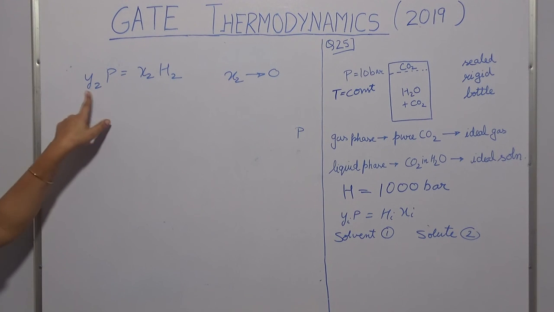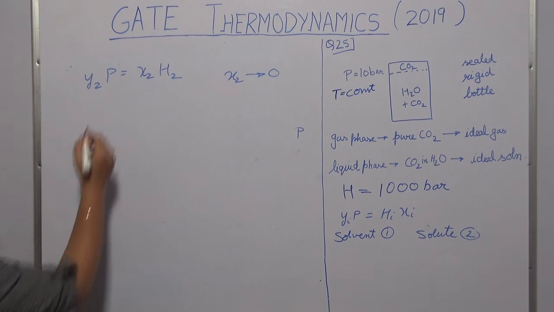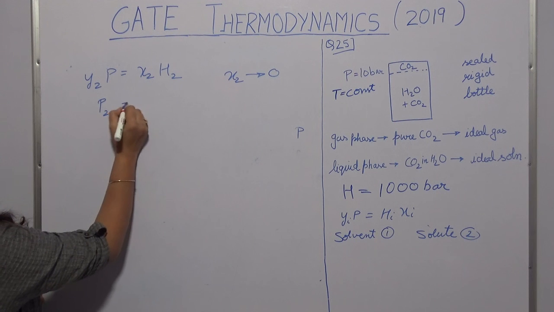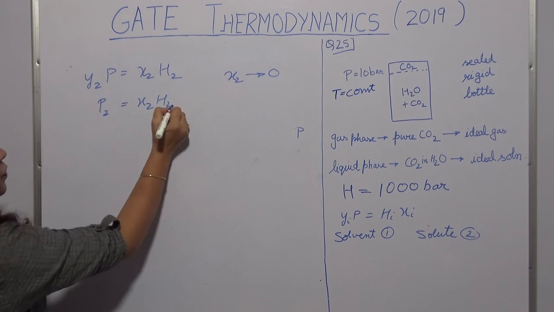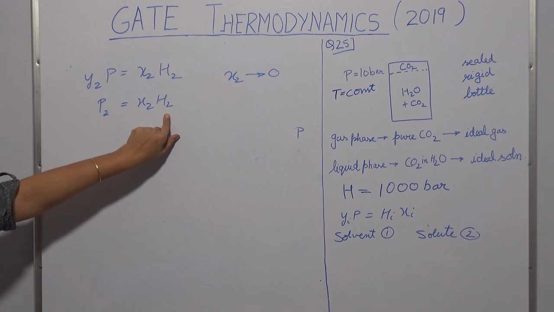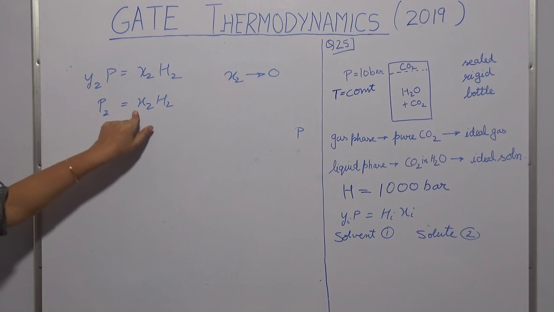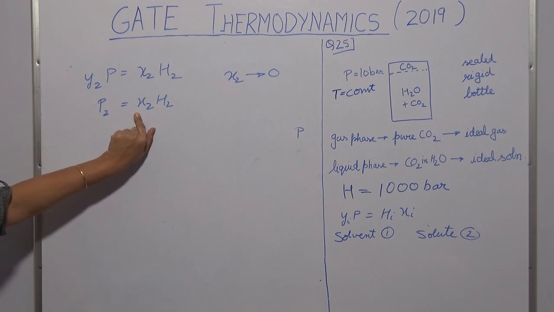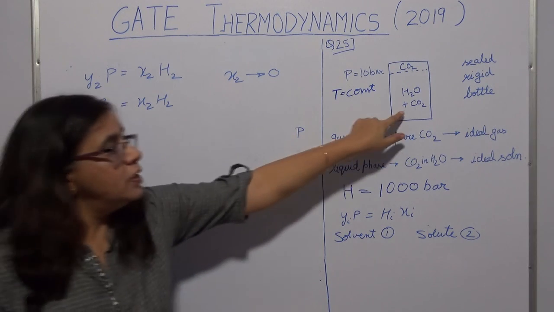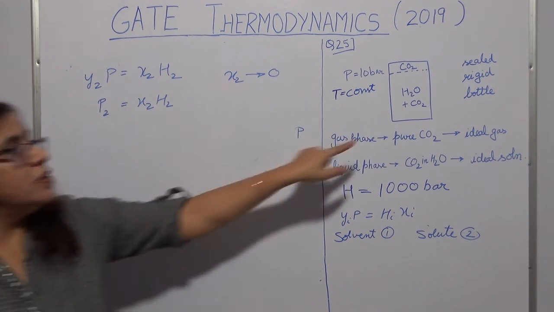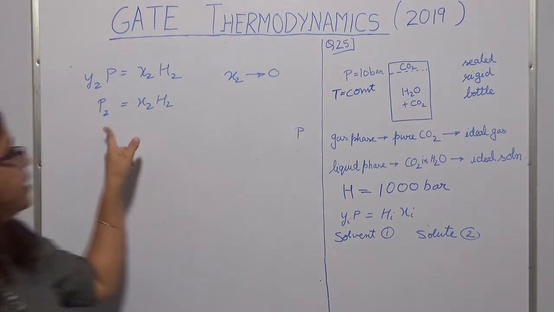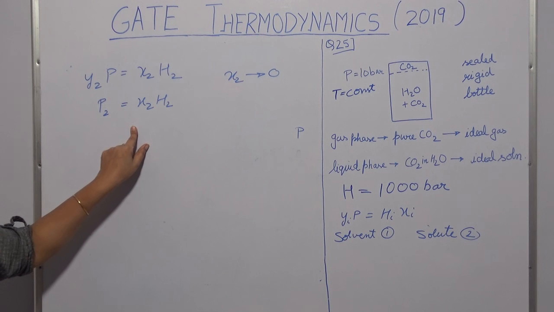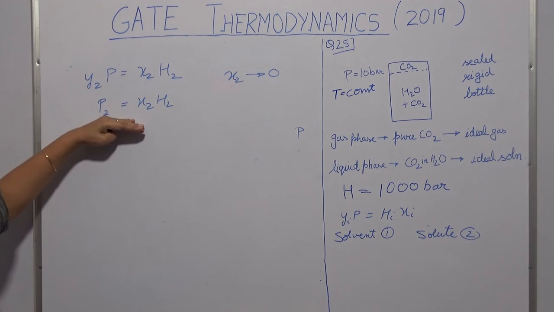In that case, y2 P is nothing but your partial pressure, let's say P2, that is equal to x2 H2. Now this is a constant which you can obtain experimentally. If you know the partial pressure, you can calculate the mole fraction of your solute in the solution. That is a very simple problem, and we are going to use this equation.